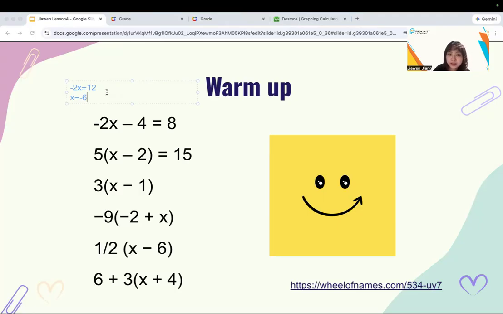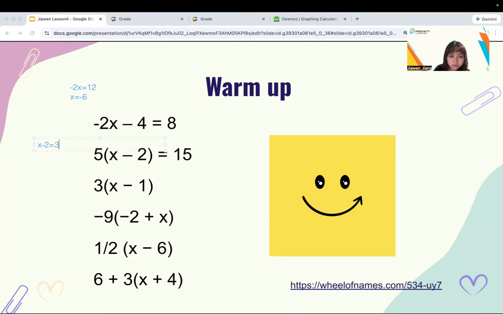Let's look at the second problem. What do we do first when we see this equation? Distribute, right? So we divide by 5 on both terms, and we got x minus 2 equals 3, because 15 divided by 5 equals 3.